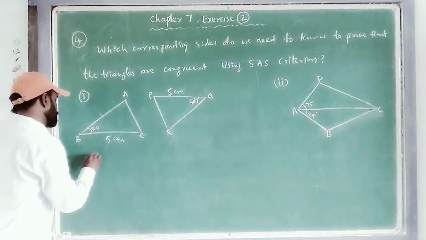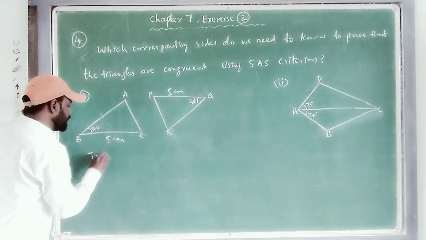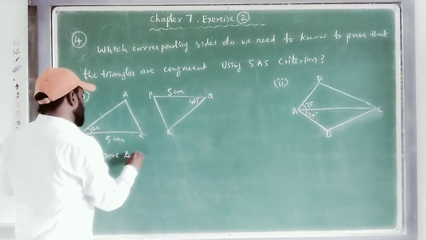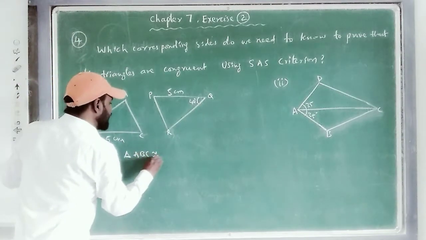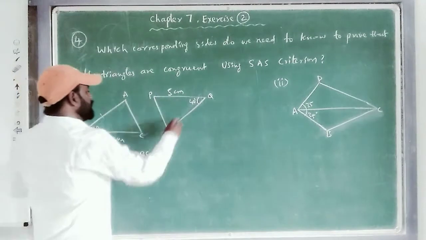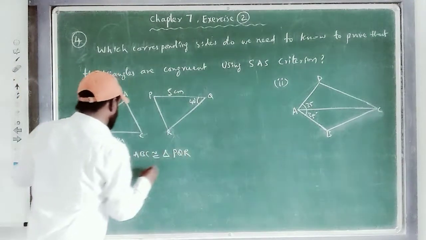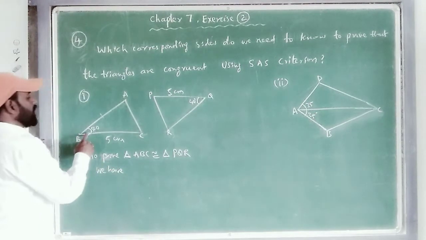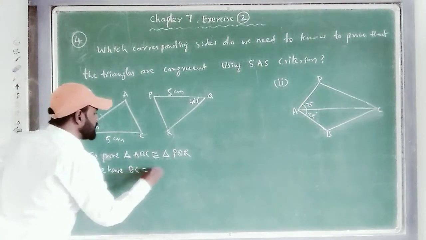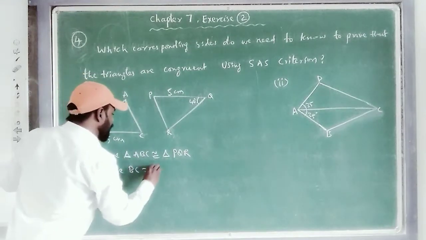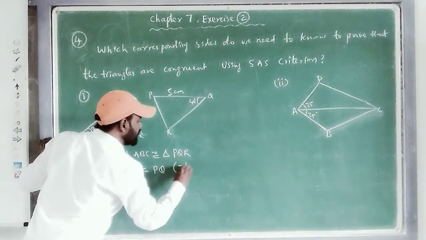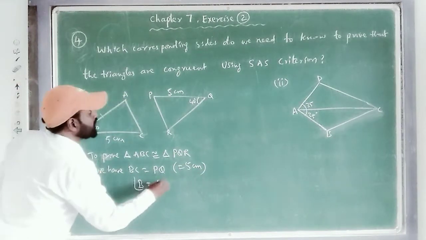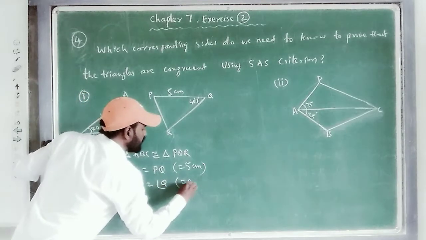So to prove triangle ABC congruent to triangle PQR, we have what side? BC we have. BC is equal to PQ, both are 5 centimeters. Then angle B is equal to angle Q, both are 40 degrees.